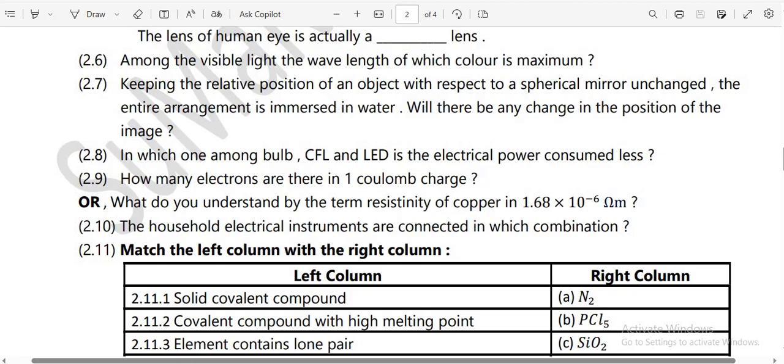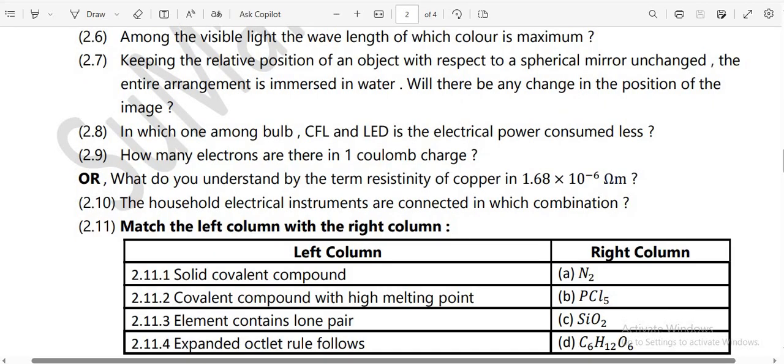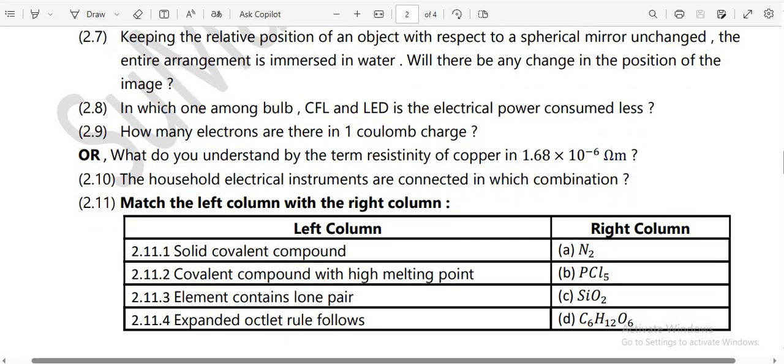2.11 Match the left column with the right column. Total 4 questions, left column and right column. 2.11.1 Left column: solid covalent compound. Right column: A N2. 2.11.2 Covalent compound with high melting point.